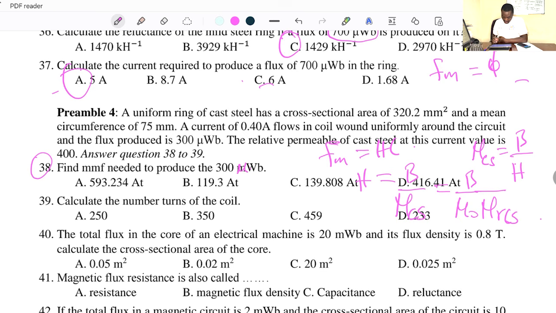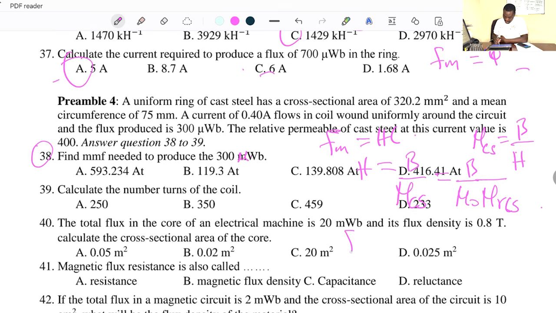Now with this, we can even just write the whole formula. So we replace this and write here Fm, which is the MMF, will be equal to all of this times the length. Magnetic flux density is magnetic flux over area, so I can do replacement here too.